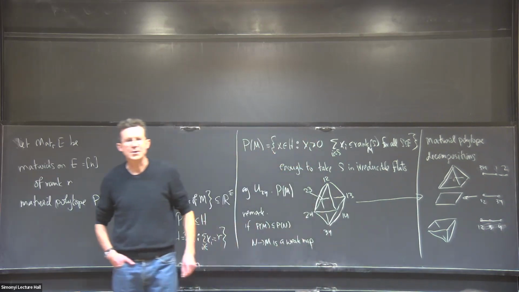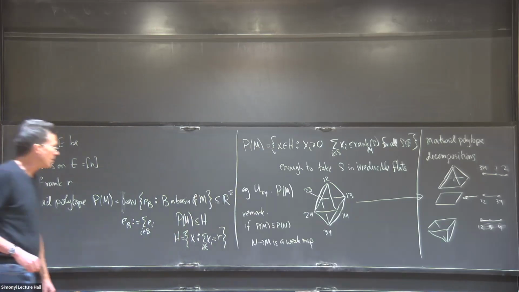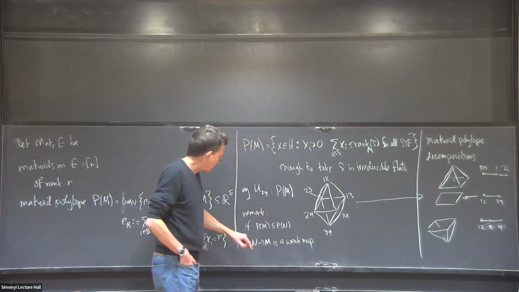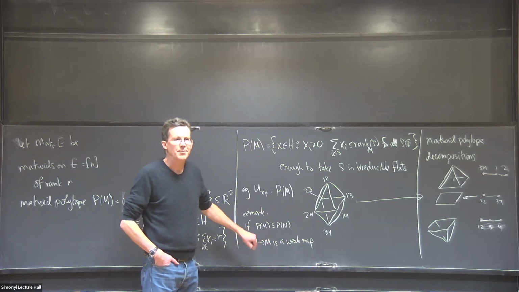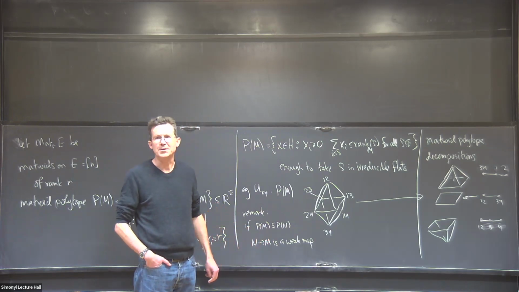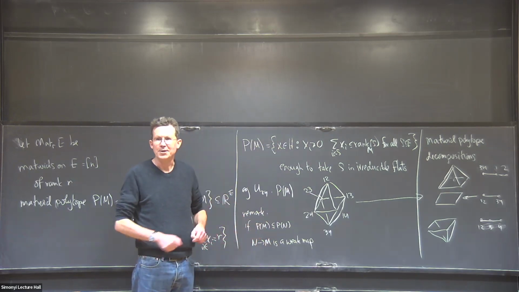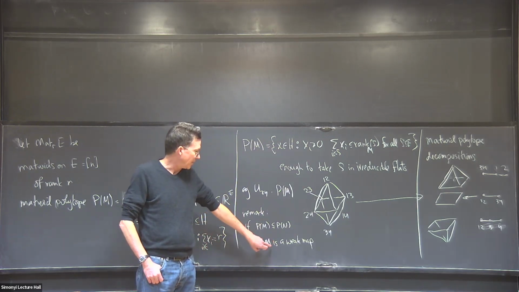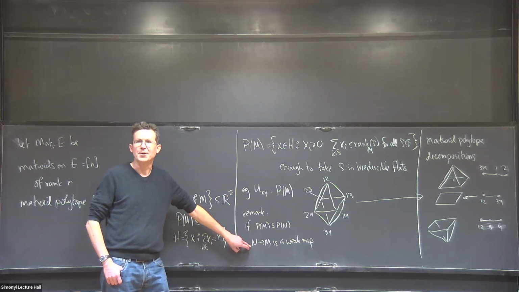So let's remember that if I have two matroids on the same ground set, and the matroid polytope for the one sits inside the other, then the matroid with the smaller polytope is a weak image of this one. A weak map is simply, let us assume the ground sets are the same, a pair of matroids where every independent set in the target matroid was independent in the source matroid.